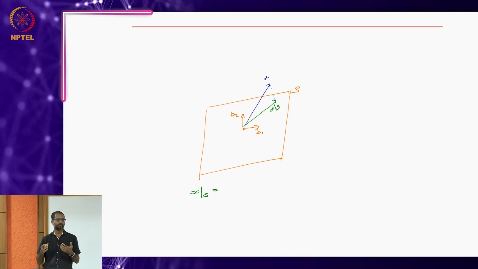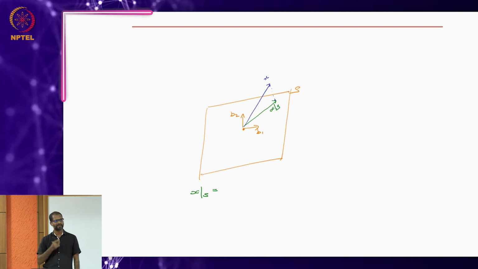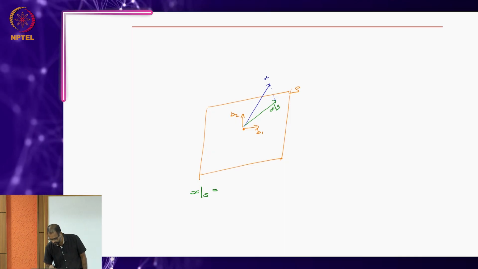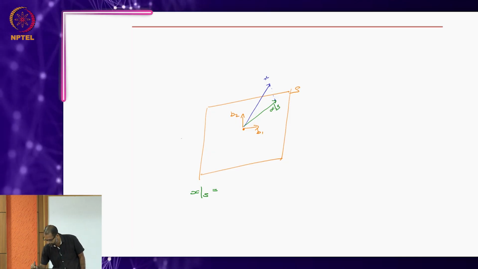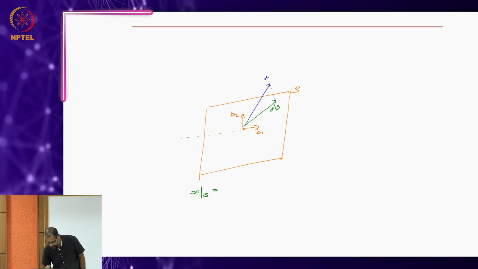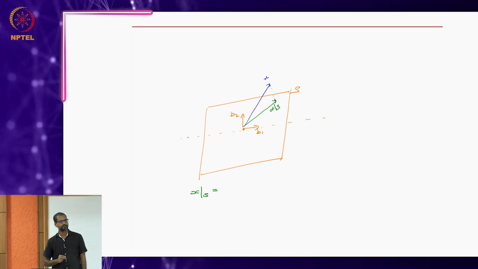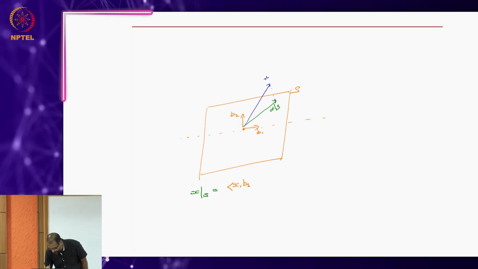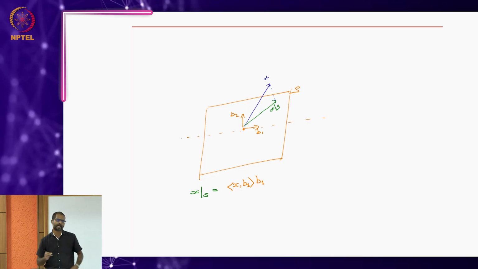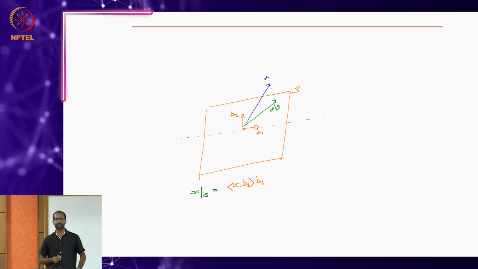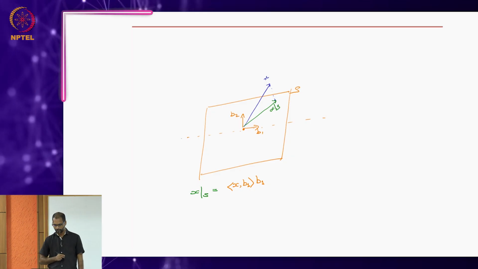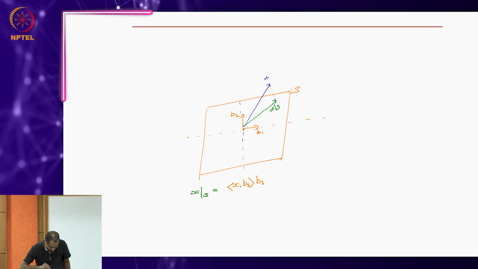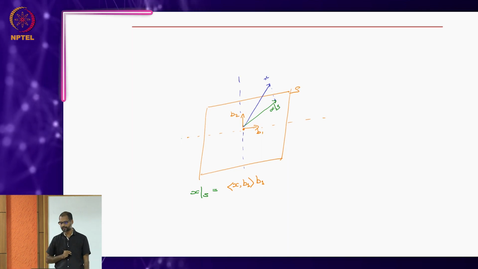What would be x's projection on the line along B1? Do you remember? That will be the inner product of x with B1, times B1. B1 is already a vector; I said I won't denote vectors with an overarrow or an overbar. What about along B2? What is x's projection along B2?